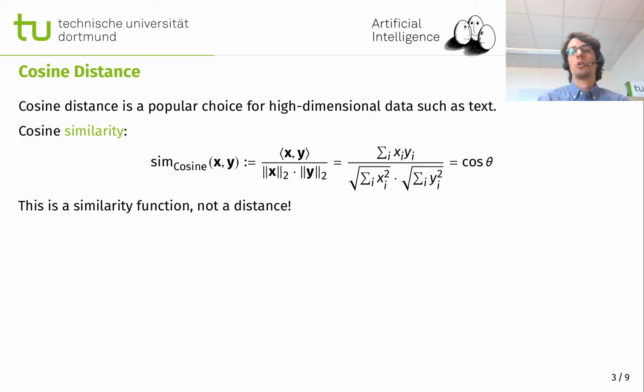Cosine distance measures intuitively the angle between the vectors x and y. So that's the angle between the vector from 0 to point x and 0 to point y. And this can be written in different ways. And the interesting property is that it relates to the dot product of x and y normalized by the length of the vectors.